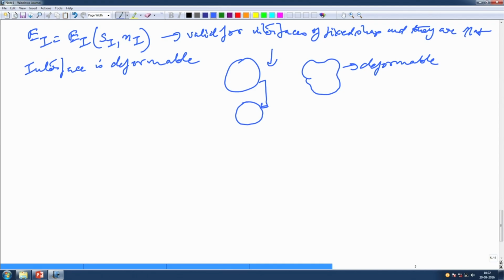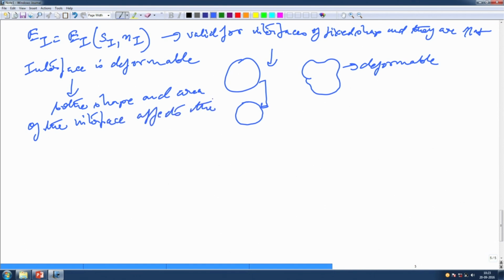Okay. If the interface is deformable, both the shape and the area of the interface affect the internal energy.